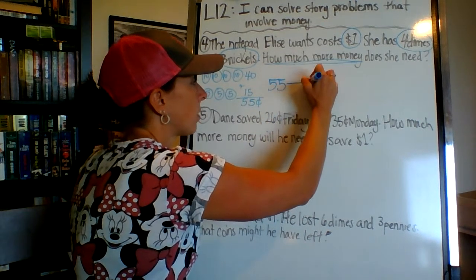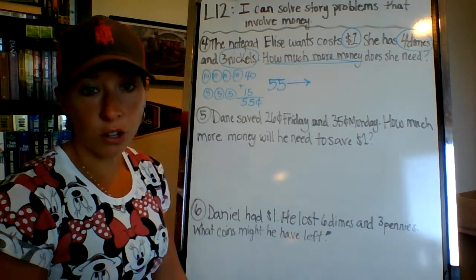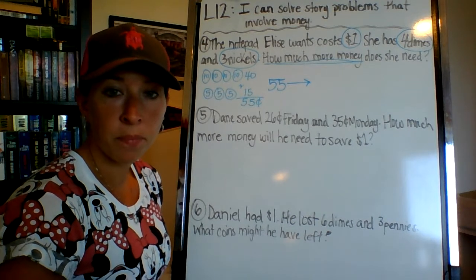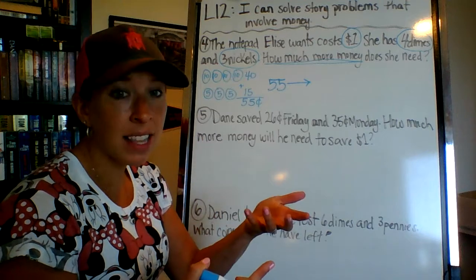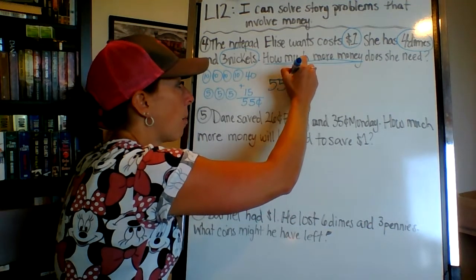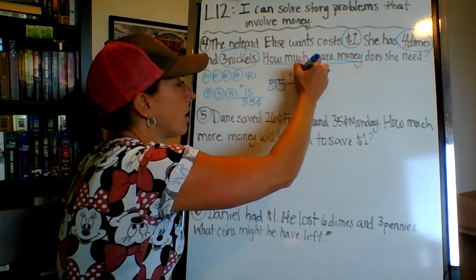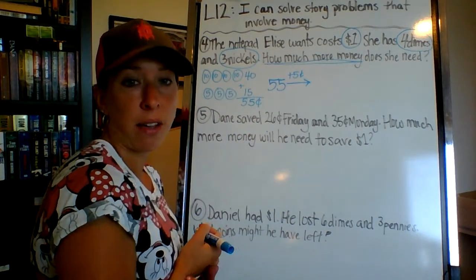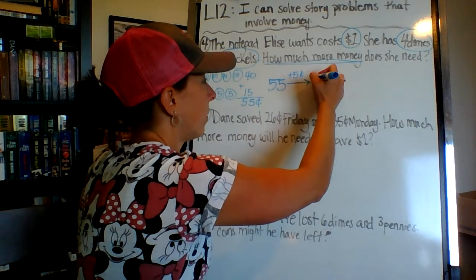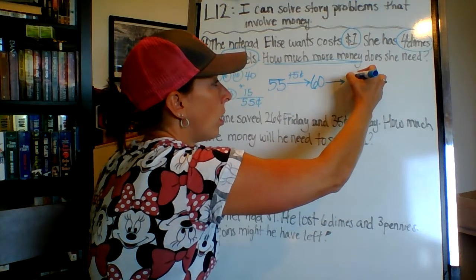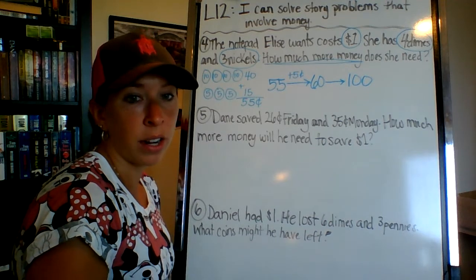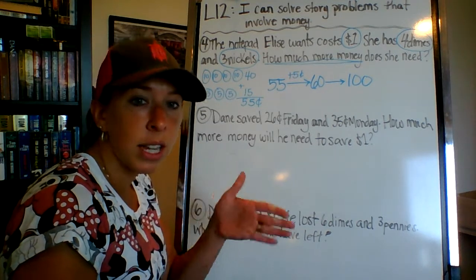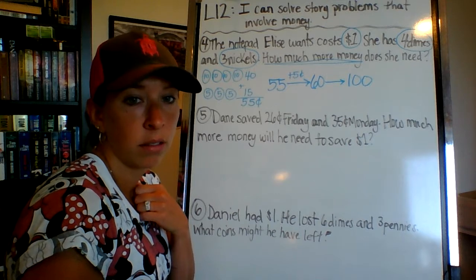I'm using some arrows. What do you think we should add first? I'm thinking 5, right? Remember, when we're not at a 10, your goal is to get to that 10 and then choose something else to count by. So if we add 5 cents, what's 55 plus 5? 60. And remember, we're trying to get to what number? 100. So we're at 60 and we're trying to get to 100. It's just like your tens facts, right? 6 plus what equals 10? 4.